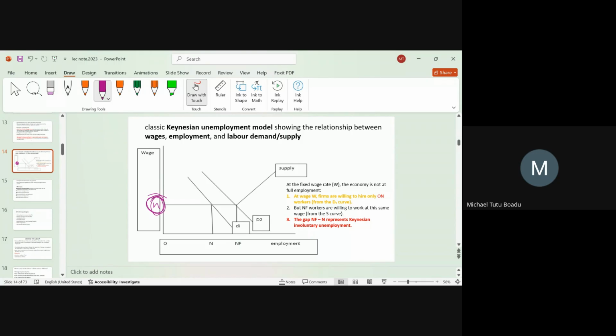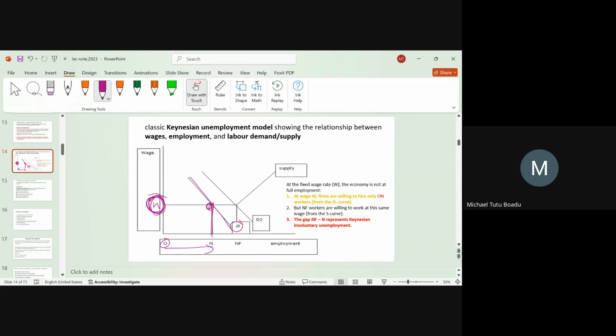So let's look at how that happens. At W, the firms are willing to hire only N, from 0 up to N. This is the equilibrium. Let's call that D1.